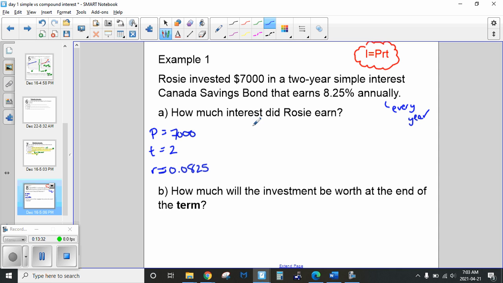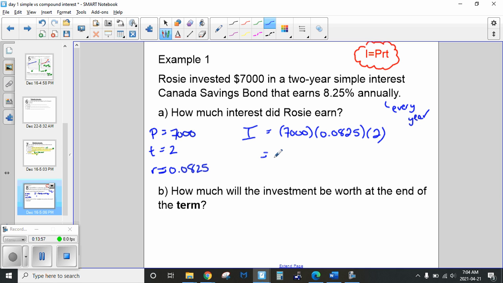The question here is how much interest did Rosie earn? So I don't know the I answer to that equation, but we're going to multiply the principal times the rate times the time. The rate was 0.0825 and the time is 2 years.